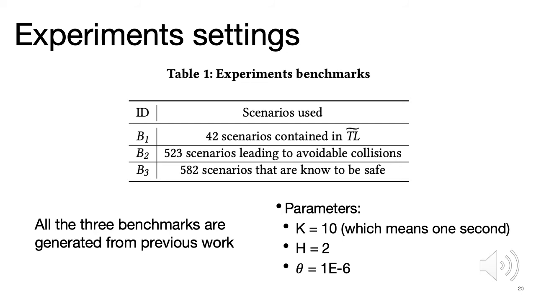Then benchmark 2. This is the avoidable clearance that is different from benchmark 1. With this, we want to know whether our self-adaptive path planner can solve the different avoidable clearance. And then benchmark 3. This is all safe scenarios. With this, we want to know whether our self-adaptive path planner introduces more danger.